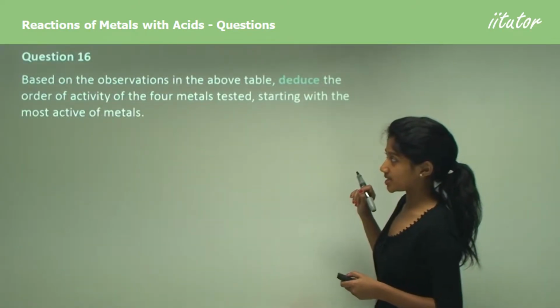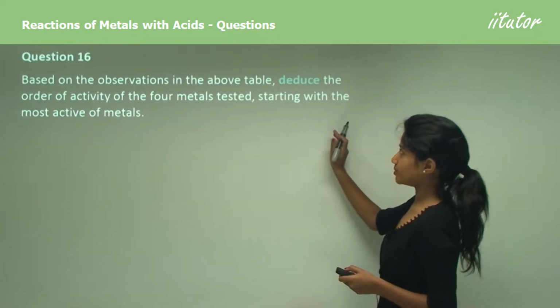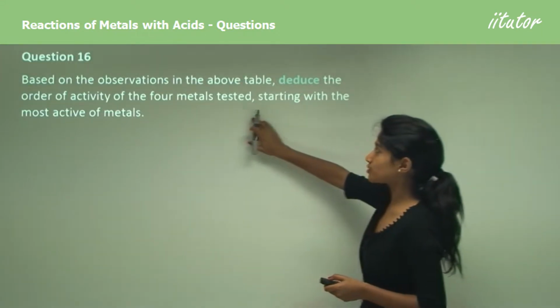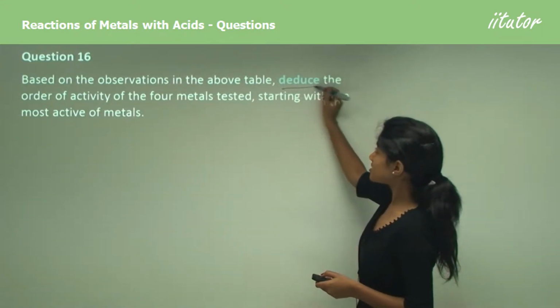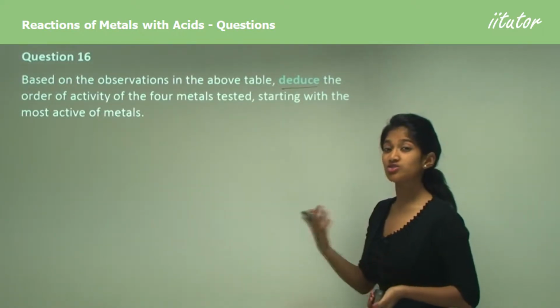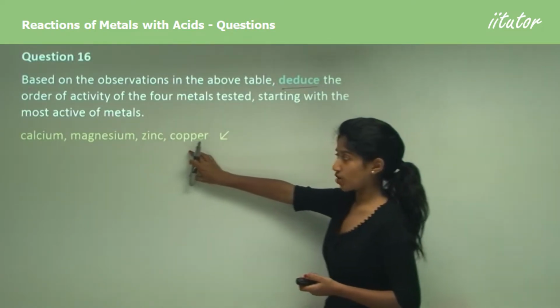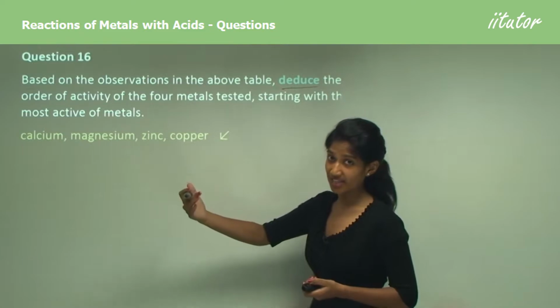Moving to question 16, it says, based on the observations in the above table, deduce the order of activity of the four metals tested, starting with the most active metal. Now note that it says deduce, that means you have to extract your information. So we have calcium, magnesium, zinc and copper, and this is in order of reactivity.